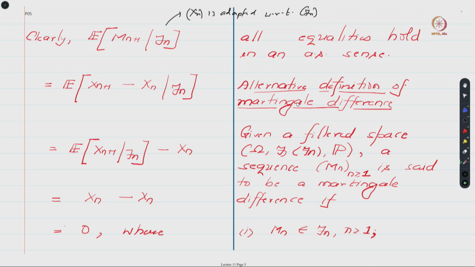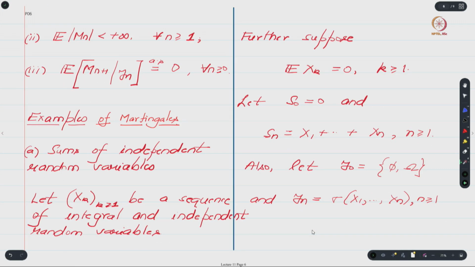Given a filtered space omega, F, sequence Fn and P, a sequence Mn is called a Martingale difference if it satisfies the following properties: Mn is adapted to Fn, or in other words for every n, Mn is measurable with respect to Fn. Furthermore, Mn is integrable for every n, and importantly the conditional expectation of Mn plus 1 given Fn is 0 almost surely.